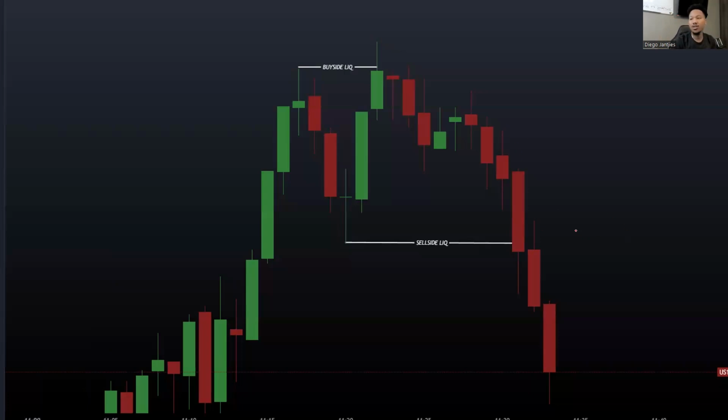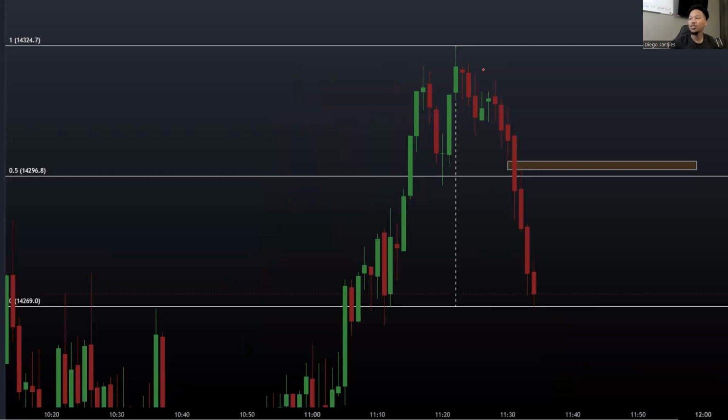So what is the next thing you're going to do? Next, you can get out that Fibonacci from that high to that low right there. As you can see, we have a nice fair value gap coming through right there, and another nice fair value gap coming through over there as well. Which one are you going to participate in? You get out your Fibonacci from that high to that low, and identify your premium area, because this is where you want to look for some lovely short opportunities.